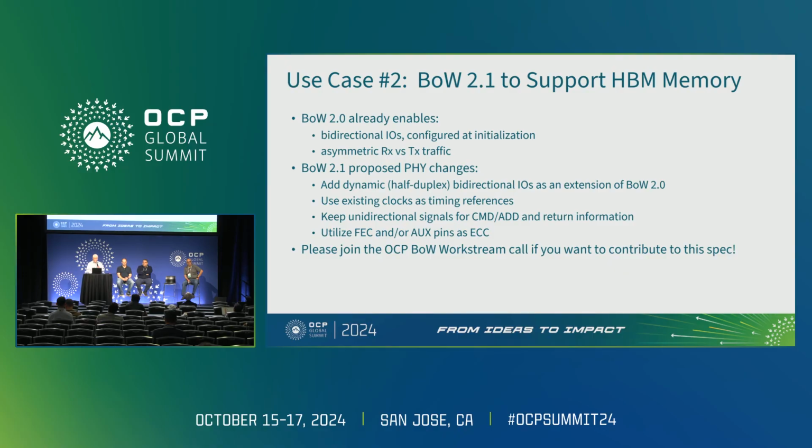And we're using the extra bits as ECC and keeping some unidirectional lanes. Memory always has command and address and things like that. And this work is ongoing in the Wednesday 9 a.m. BoW workstream. Also, as a call to action, if you're interested in a standard package like HBM, this kind of work, we're going to be talking about it in that group.